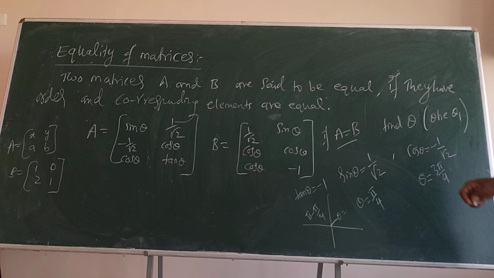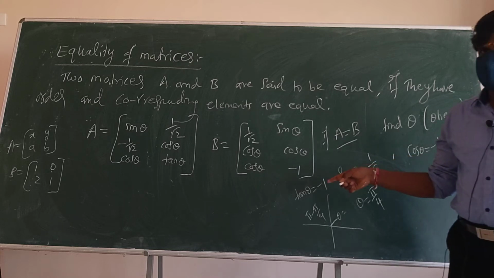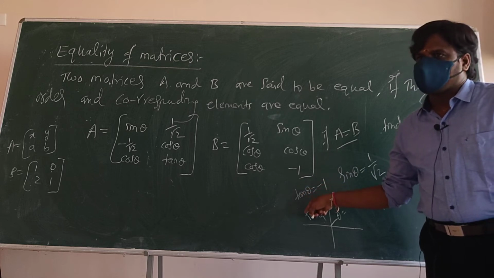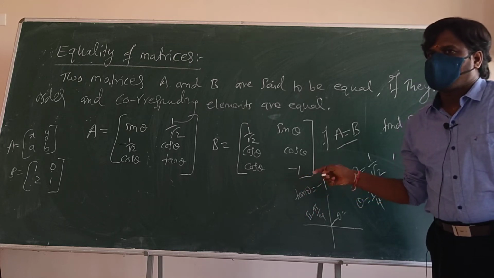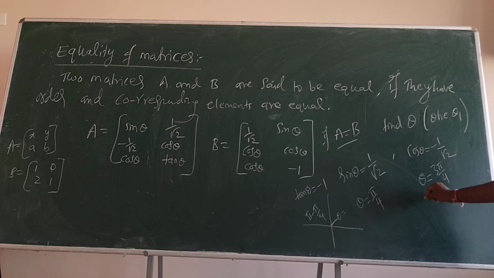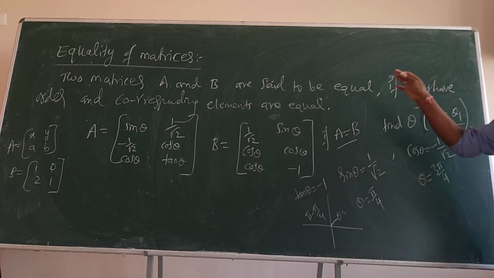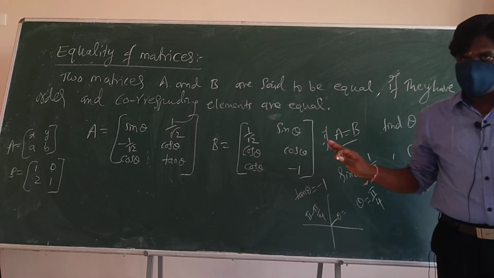And tan theta is equal to minus 1, which is negative in the second quadrant, so pi minus pi by 4. But if it says theta lies in the first quadrant, then there is no solution here. So for this question, there is no solution.